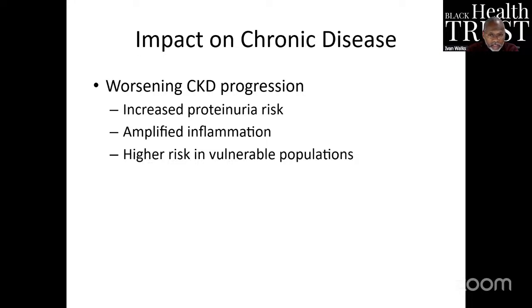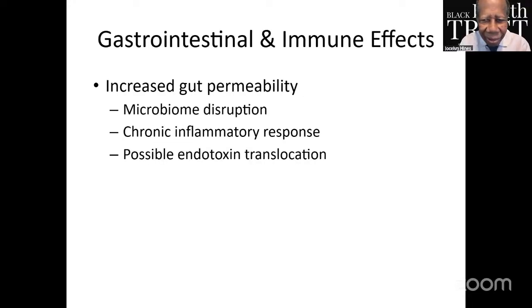Worsening chronic kidney disease progression, increased proteinuria risk, amplified inflammation, and higher risk in vulnerable populations. Next slide, Dr. Hines. Gastrointestinal and immune effects. So there is increased gut permeability, which causes microbiome disruption, chronic inflammatory responses, and possible endotoxin translocation.